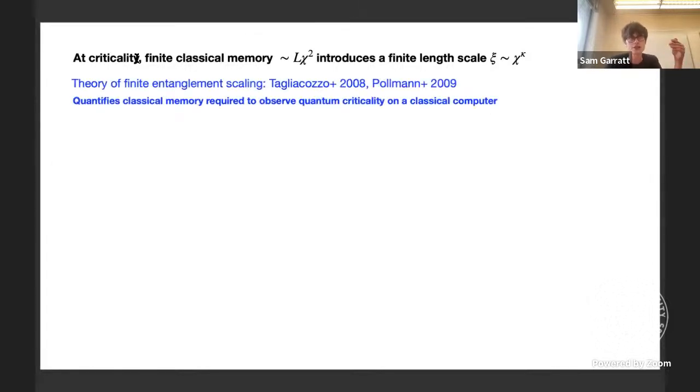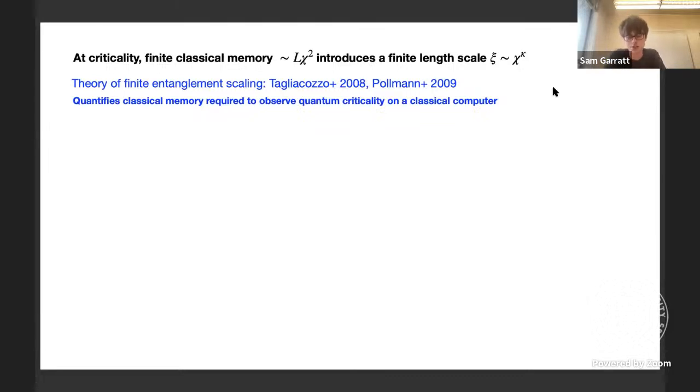So what I'm talking about here is really an insight that came through the theory of finite entanglement scaling, formulated 15 years ago. The theory of finite entanglement scaling wasn't anything to do with measurement-induced criticality. It was just to do with conventional quantum criticality in one-dimensional systems.